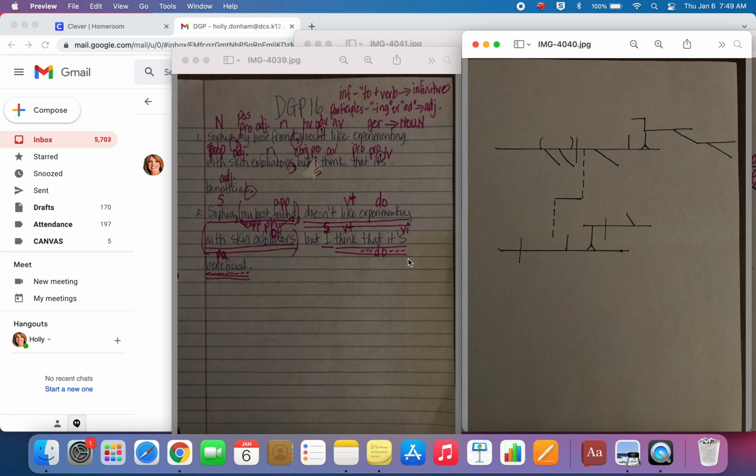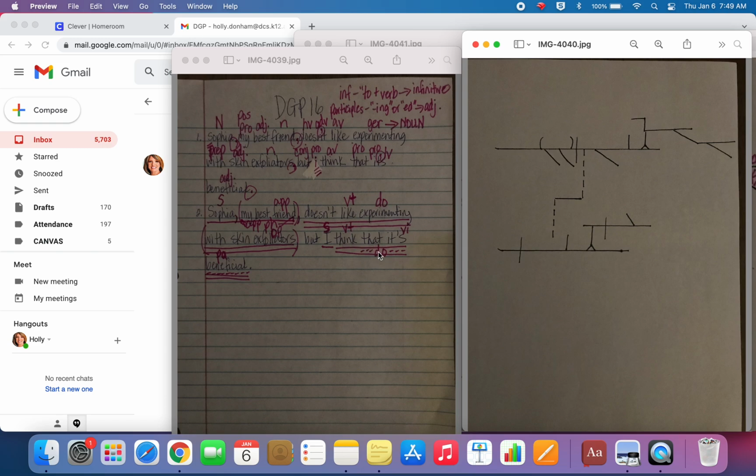So now that we've identified the direct objects, we're ready to look at those 3 verbs and determine if they're transitive or intransitive. So remember, if we do have direct objects, we have transitive verbs. And so that's why like is transitive, and that's why think is transitive, because they both have direct objects.